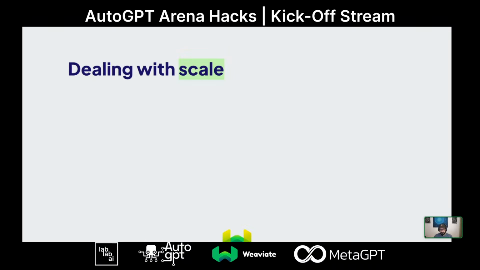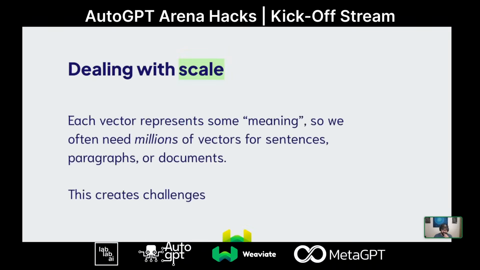So CRUD operations and real-time updating is one of the main applications of why you would use a vector database. The second application is scale. If you're performing search over thousands of vectors, tens of thousands of vectors, you can get away with even using something like scikit-learn or any other data science library, or even using NumPy actually.